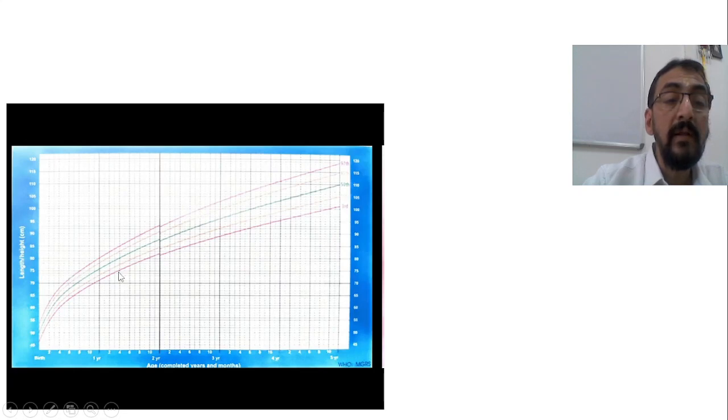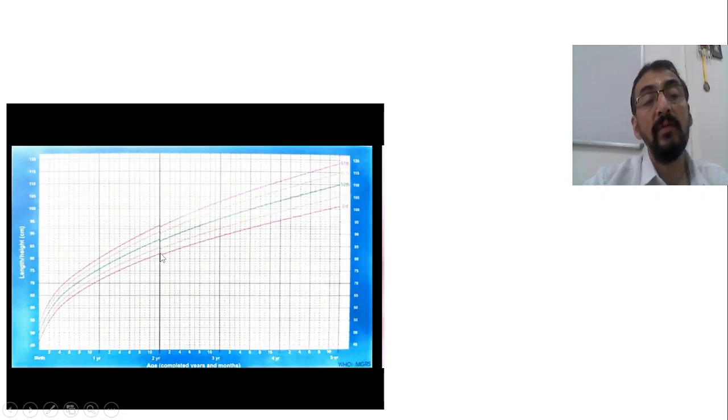Then I combine these two like this. It's coming over here for the 2 year child, 75. It is almost all coming over here. This is 75, yes. So now it is somewhere coming over here.